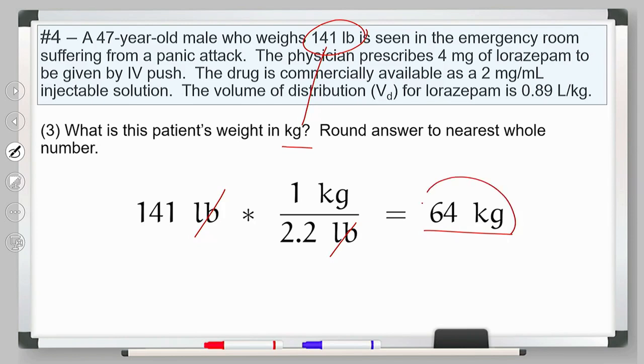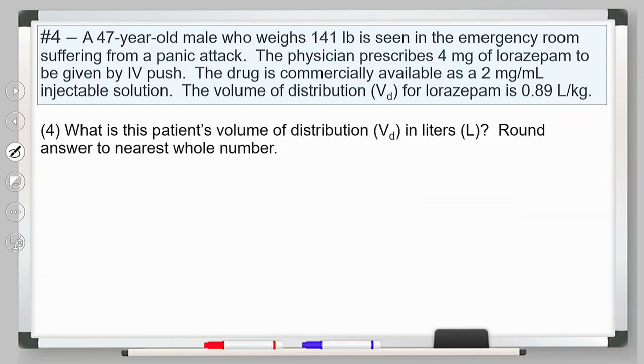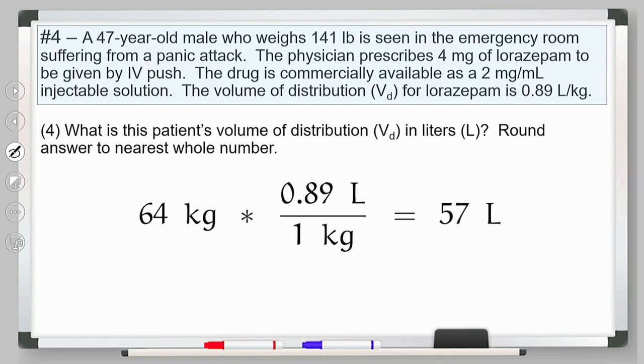Now that I know this weight and I know that relationship for the volume of distribution, I can determine a patient-specific volume of distribution. A volume of distribution for lorazepam of 0.89 liters per kilogram isn't patient-specific. So let's find out what it is exactly for this patient. We take their weight in kilograms times 0.89 liters per kilogram, which says that the volume of distribution in this patient is 57 liters.